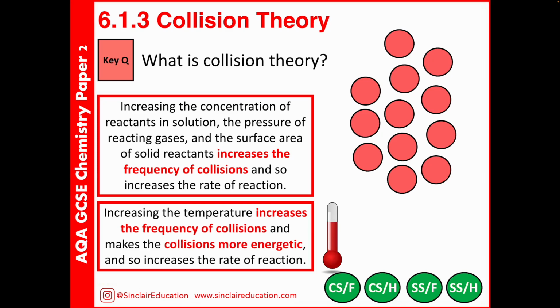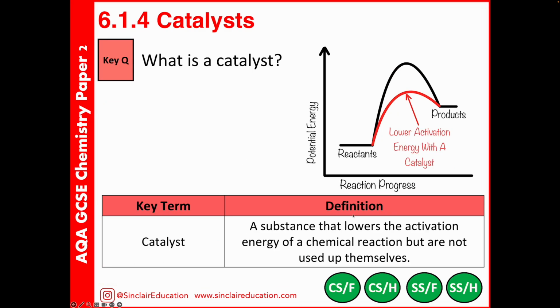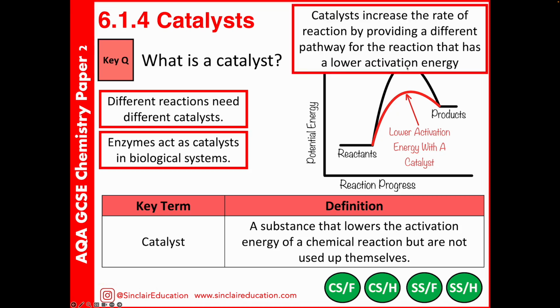So we know that temperature, pressure, for example, will all affect this. As a reminder, catalysts lower activation energy, they're not used up themselves. So if we were asked to draw a reaction profile, we want that line lower than the original. This is all done by catalysts providing an alternative pathway with a requirement for a lower activation energy.